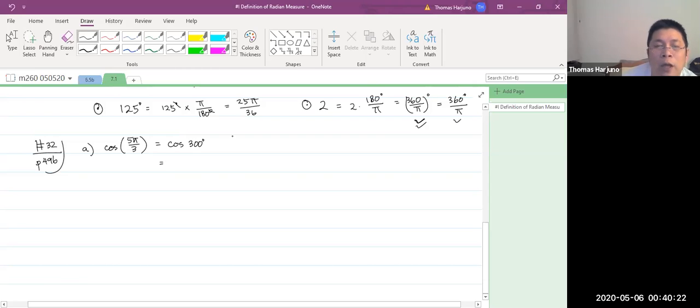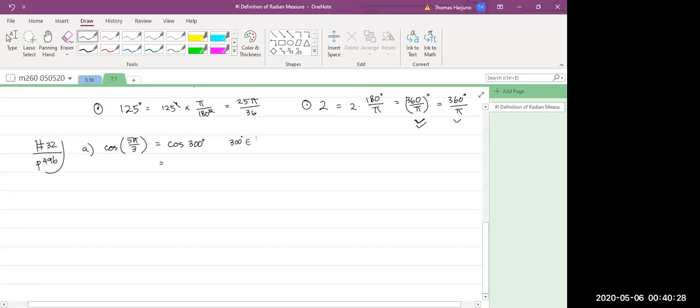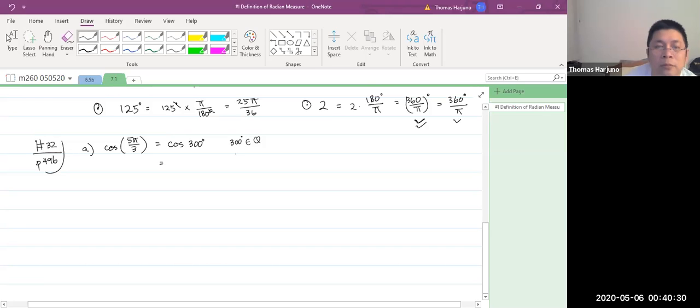I hope you don't forget. 300 degrees is in which quadrant? Third quadrant. Or fourth quadrant, sorry. And then this is the reference angle, 60 degrees. So in quadrant 4, cosine is positive, reference angle 60 degrees. So that is equal to 1/2.